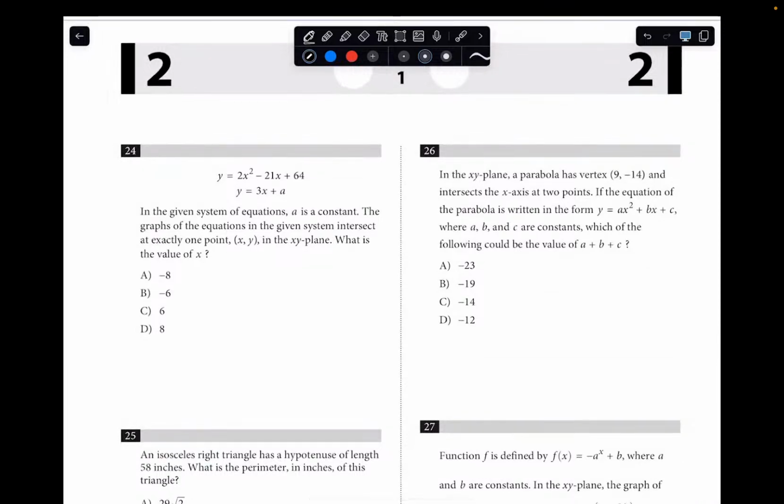24, in the given system of equations, a is a constant. The graphs of the equations in the given system intersect at exactly one point in the xy plane. What is the value of x? So I can take the second equation and plug it into the first equation, right? So I get 3x plus a equals 2x squared minus 21x plus 64.